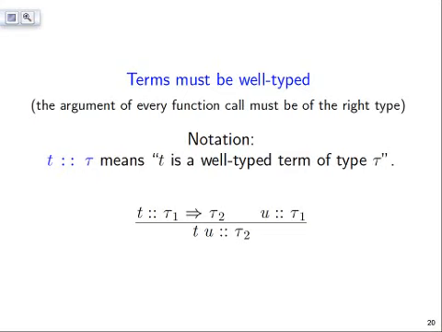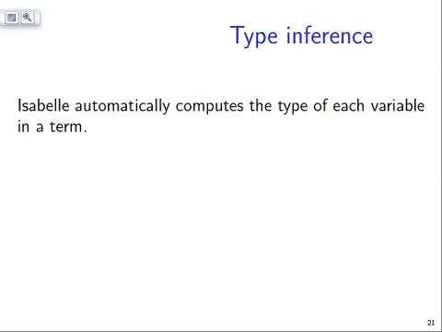And the essential inference rule for inferring well-typedness, at least for applications, is that if you apply a term t to a term u, then that's well typed of type tau 2, provided that t is indeed a function, otherwise this application makes no sense, and it's a function from type tau 1 to type tau 2, and u must be an argument that is of the right type. Well, that is just the argument type tau 1, and if you put them together, you'll get a result of type tau 2. So that's the essential rule for checking that compound terms are well typed.